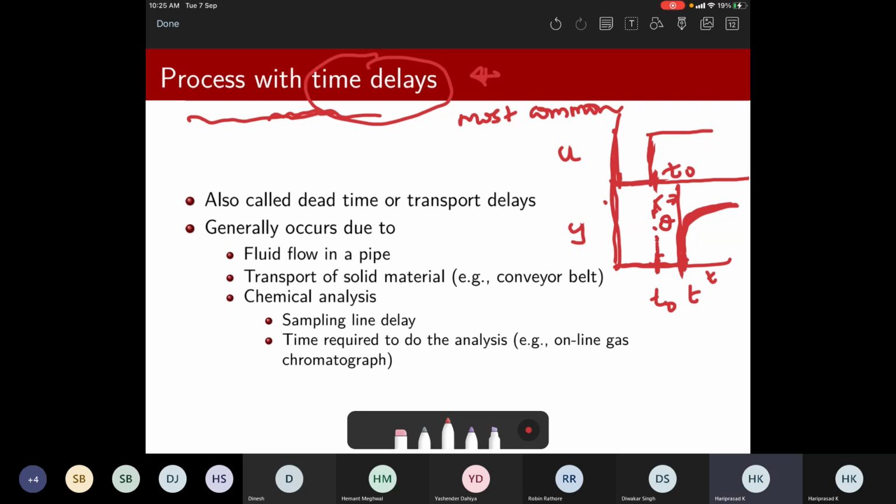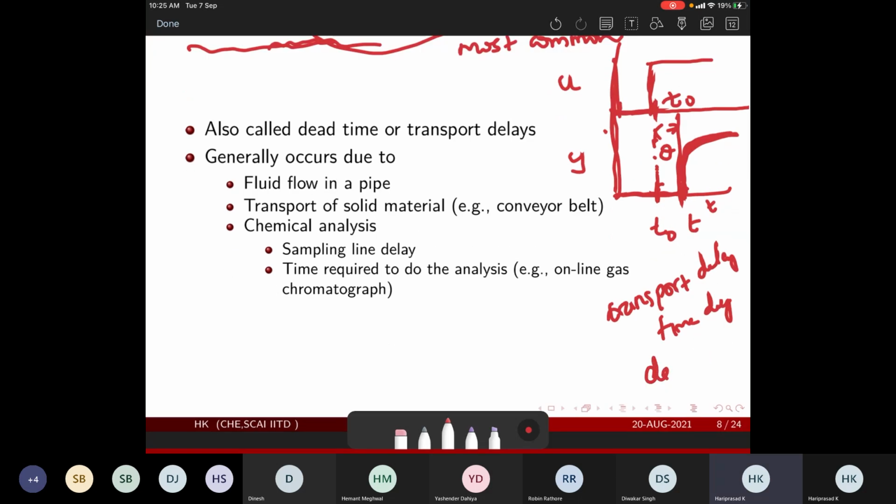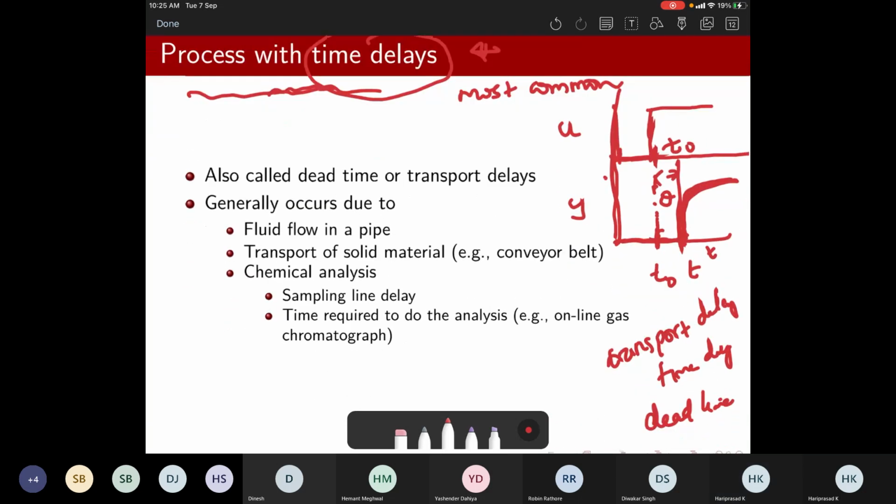This is generally called transport delay, time delay, many names. It's also called dead time because nothing happens during that time. And this is inherent in every system. We are talking about process control, but this is a very inherent property of system dynamics.